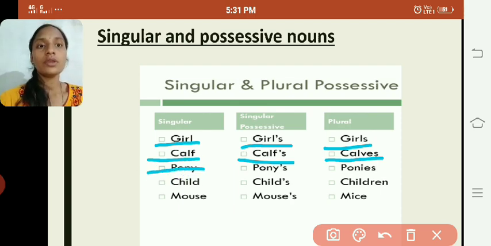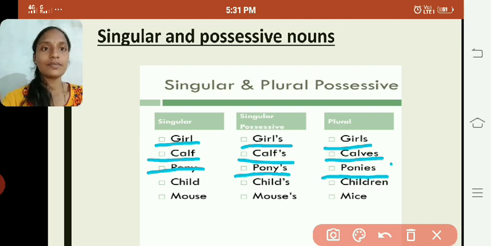Pony. Pony, when it is singular and if it belongs to the pony, it is called pony's. Okay, and when we are talking about more than one pony, it becomes ponies. Here no apostrophe s, only plural s.